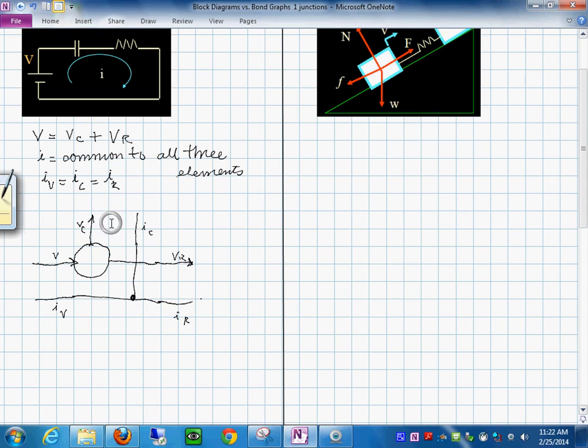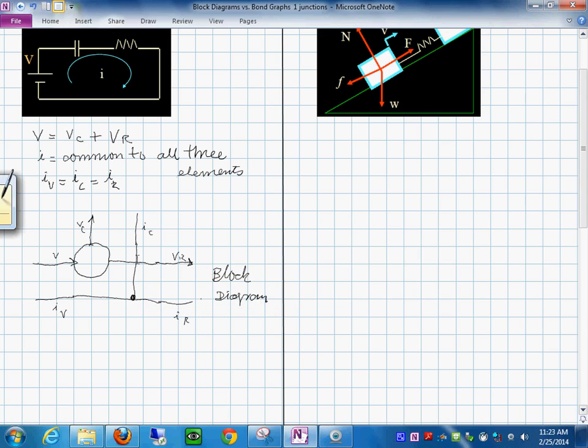Yeah. So this block diagram represents these equations. And what we need to do is find out a way to represent the same thing using the bond graph notation. So this is the actual block diagram. So we need to represent the bond graph model.